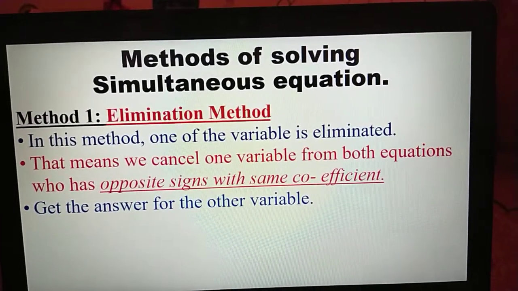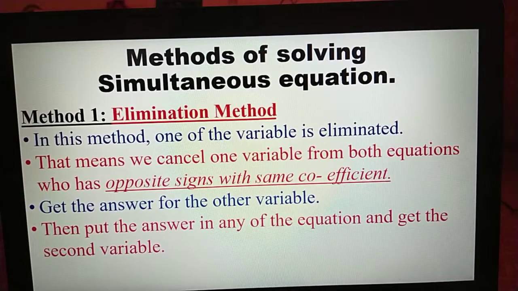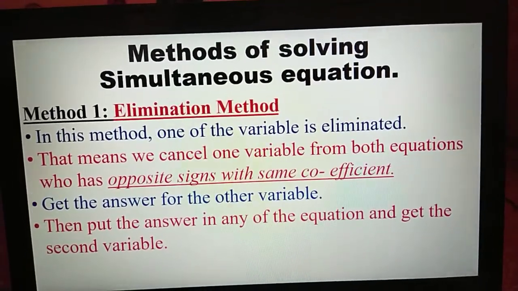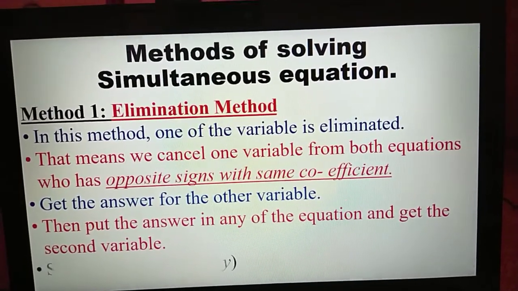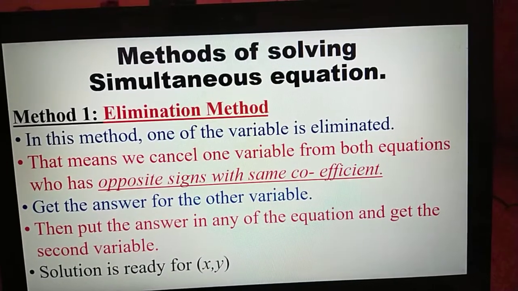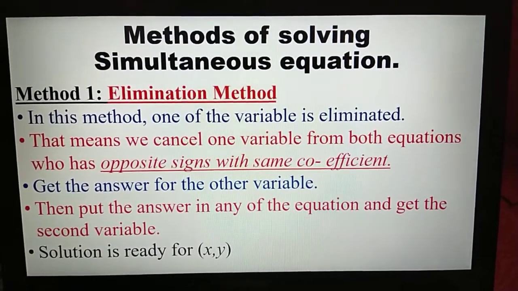Then we take the answer and find the one variable, then put this value in the equation and get the second variable's value, and we get the solution for x and y. If we have taken x and y as variables, we will get answers for x and y.